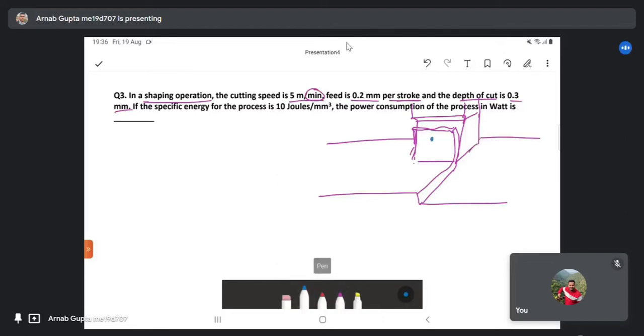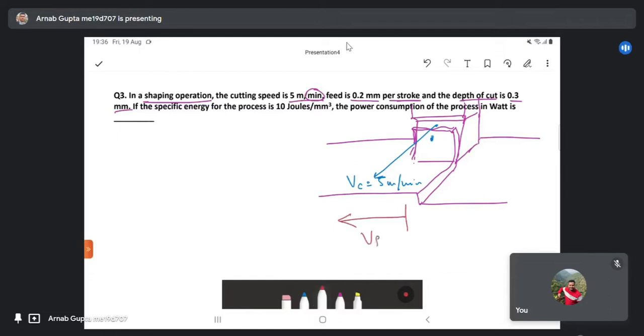So this is the motion of the tool, say with a cutting velocity Vc of 5 meter per minute in the perpendicular direction out of the paper, and you have the feed motion that is given to the tool, which will be along this direction.